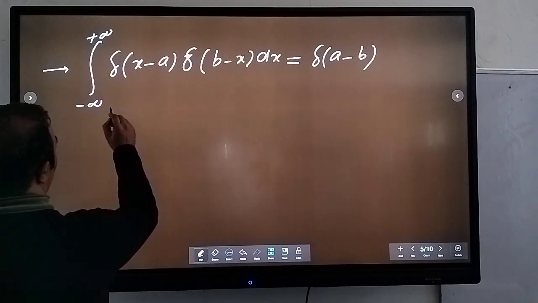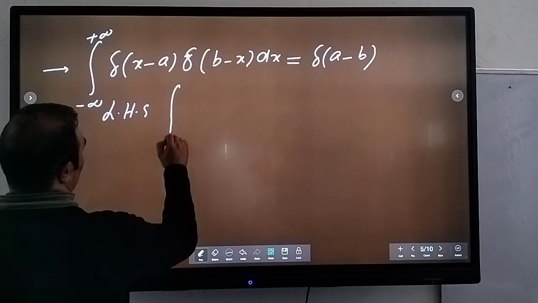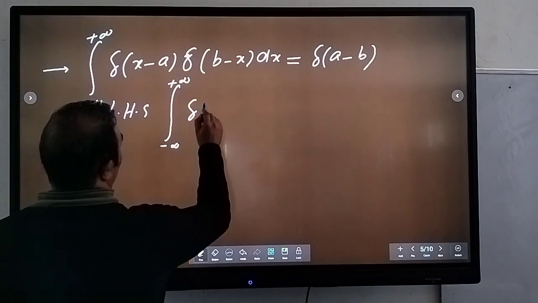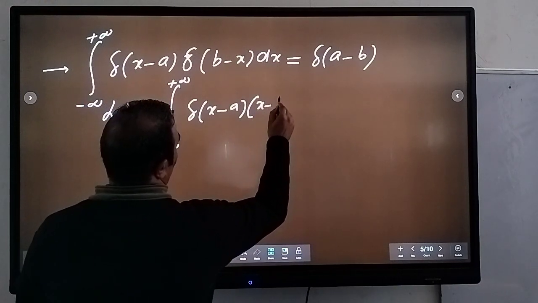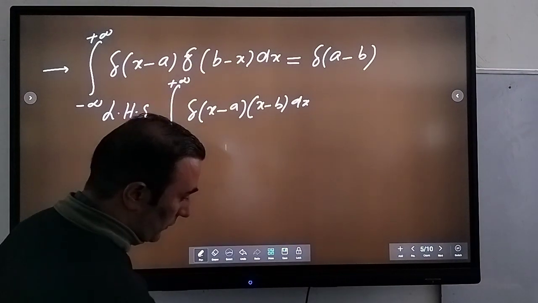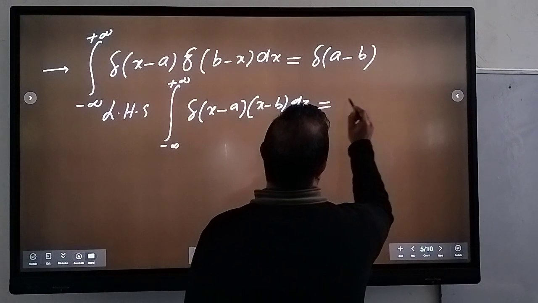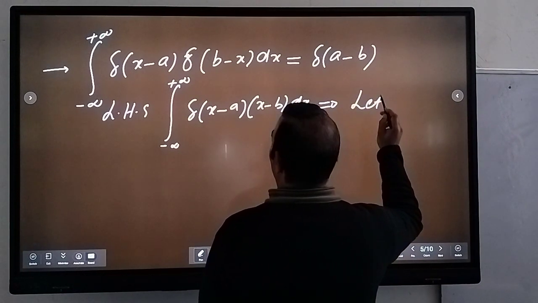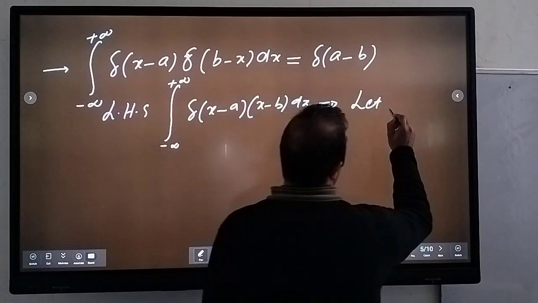So taking that left hand side, LHS, okay. So this is equal to, so let us put now, x minus b.